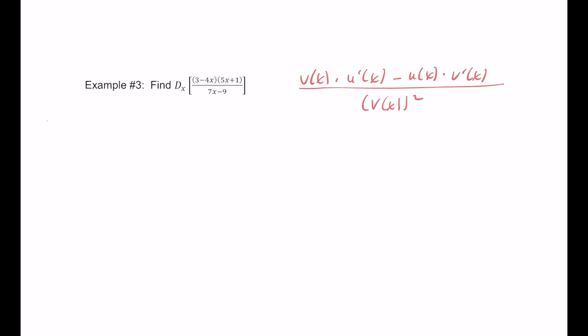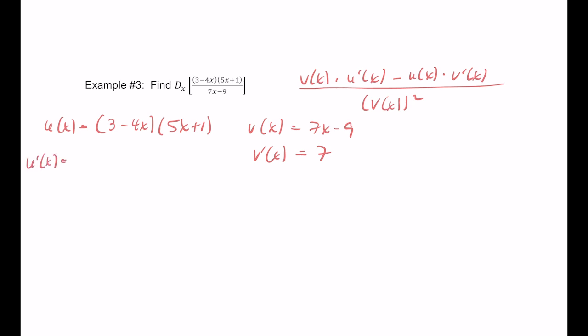We've got our numerator, u of x, which is just this, and our denominator, v of x, which is that. The first thing I'm going to do is write down my derivatives. The derivative for v is much easier, it's just 7. But the derivative of u is going to use the product rule, right?